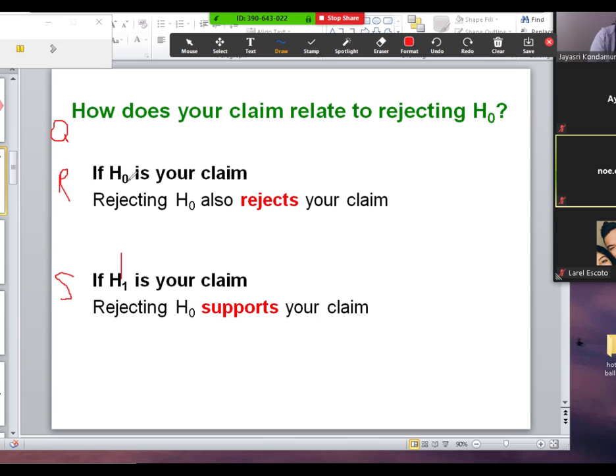So H naught, the first one, R, rejects. The second one, H1, S comes second, so that supports. H naught would be the R, the rejects, and H1 would be the S, supports.